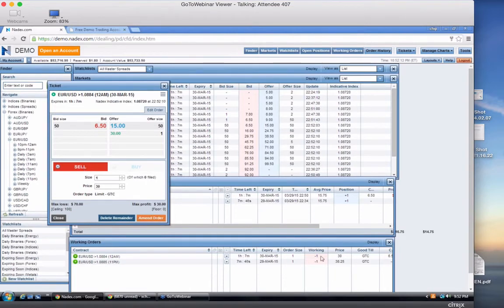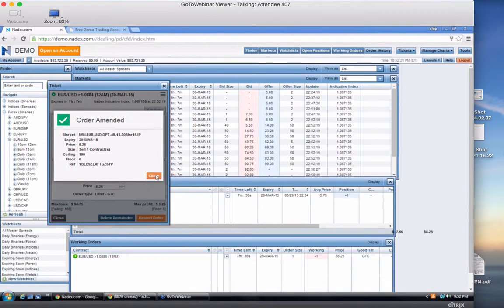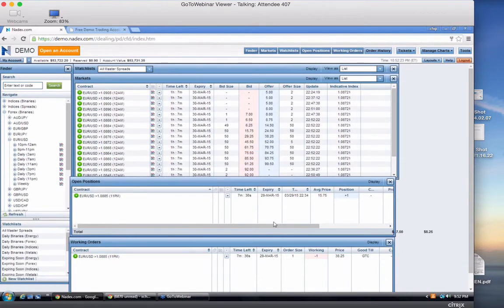My ticket's all queued up, so I could just hit the bid, amend order, and then I'm flat. Okay, so I offset the trade. If you're watching the underlying and you're saying, hey, I'm not going to get filled, I want to get out right now, that's the process.